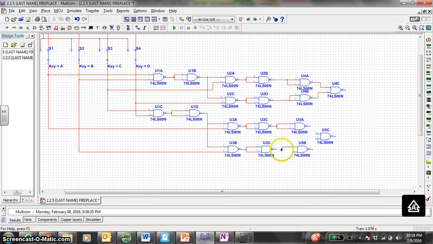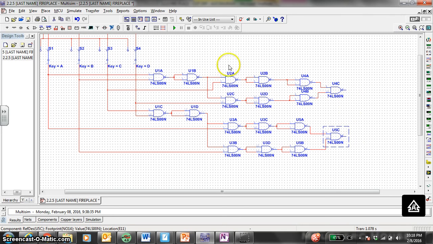This one gets split here. And when you split it, they combine to the 3rd NAND, right here. So here we have ABC or ABD. Here we have ACD or BCD.